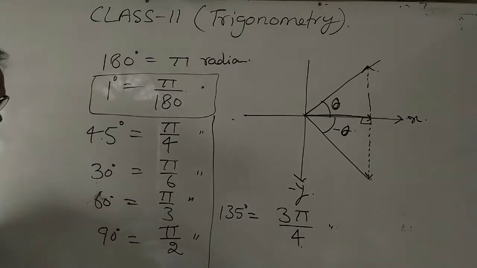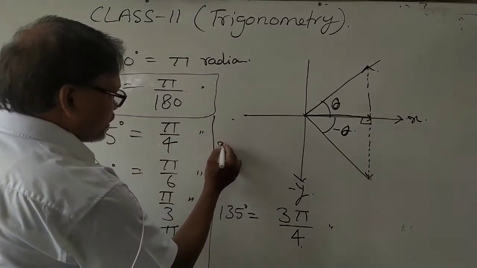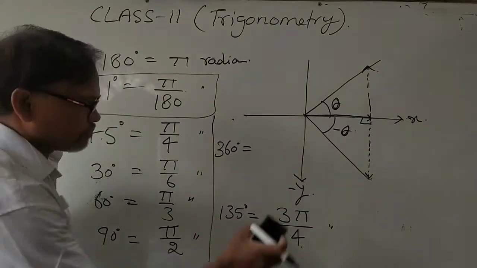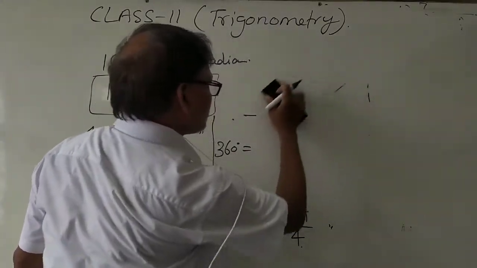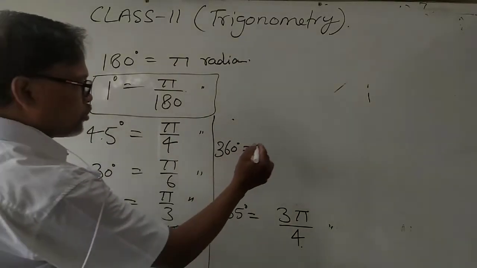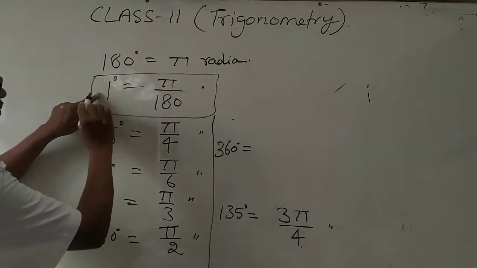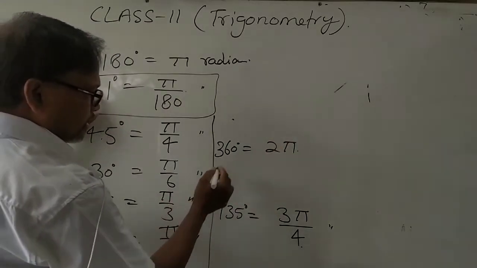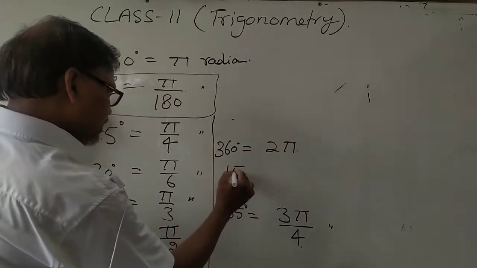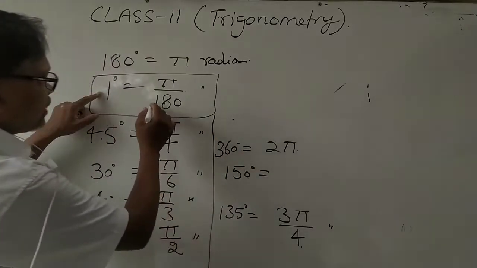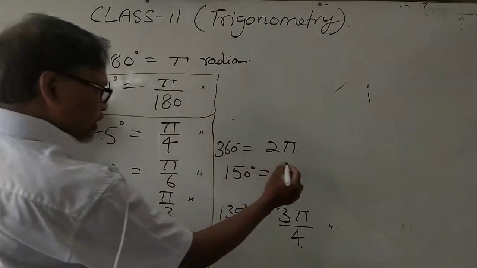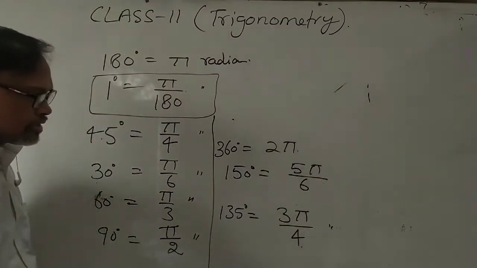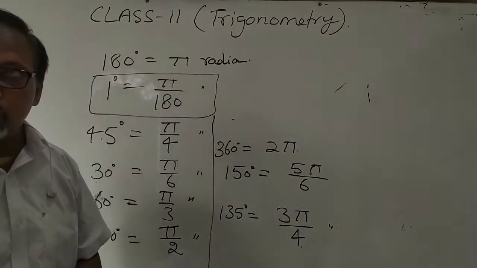Similarly, 360 degree is 2 pi radian, because multiplying 360 by pi by 180 gives 2 pi radian. Similarly, 150 degree gives 5 pi by 6 radian. So these are some values that you have to use.